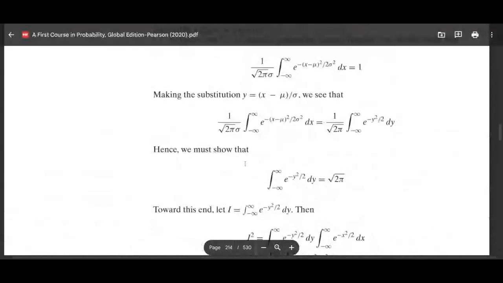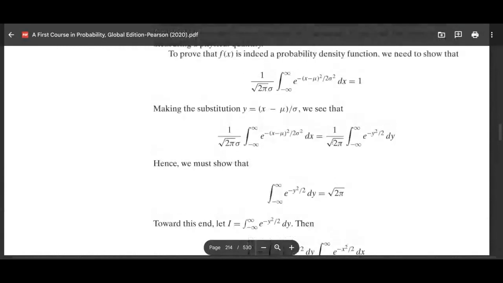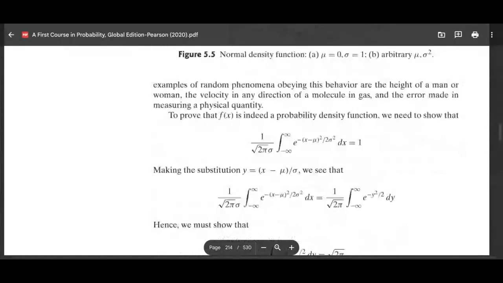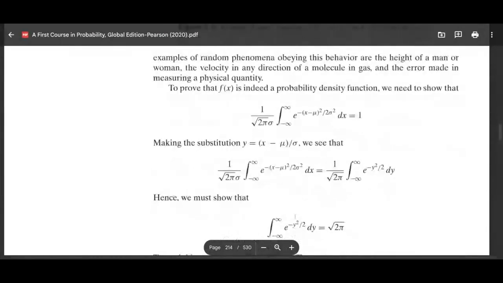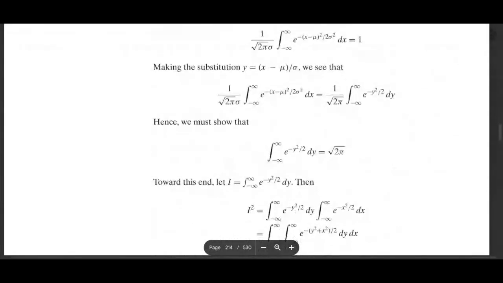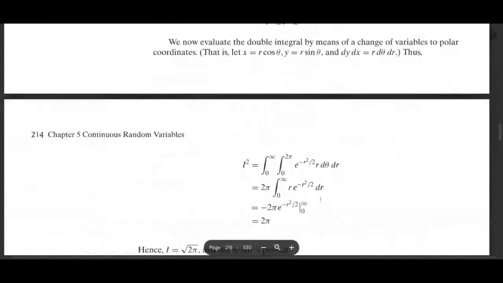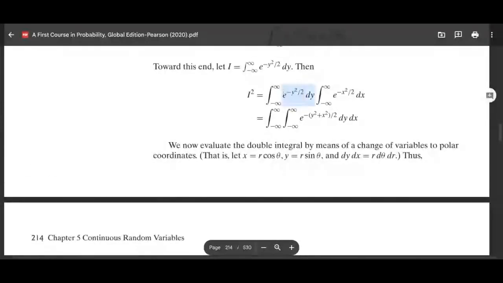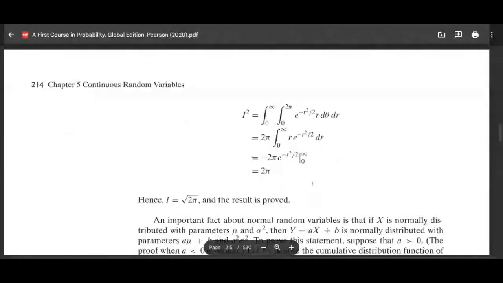By the way, this is a classic proof for the bell-shaped density function. So far, I only see this way to prove this, and it's a cute proof. Basically, you use I squared, and then you use dummy variables, one as x, one as y. Then you use polar coordinates.